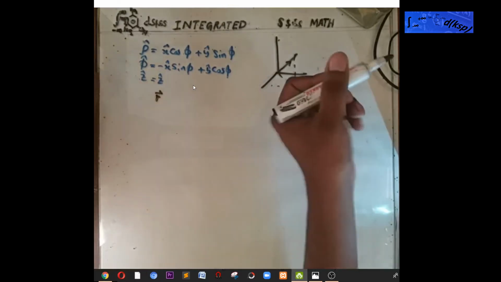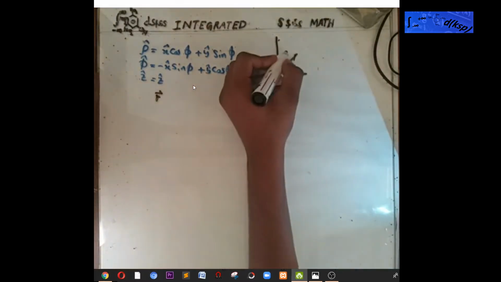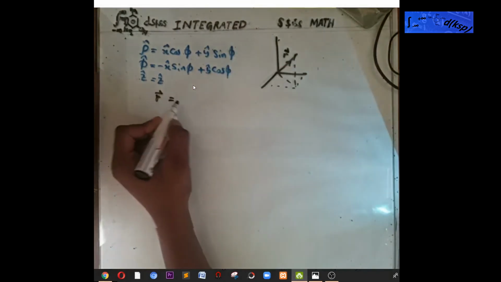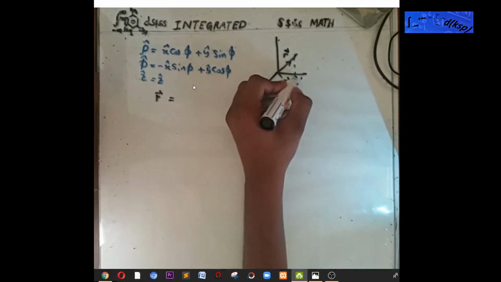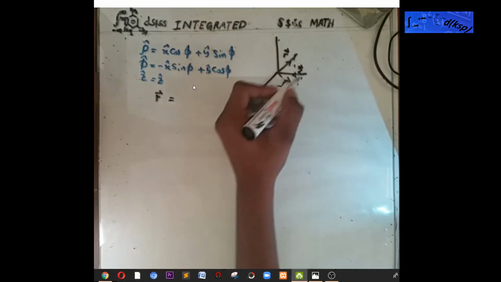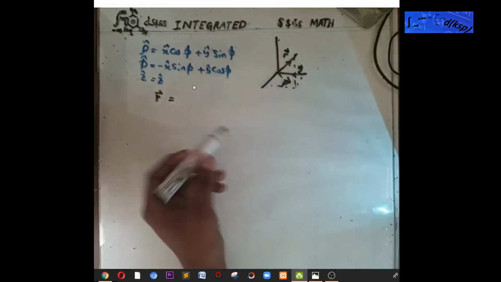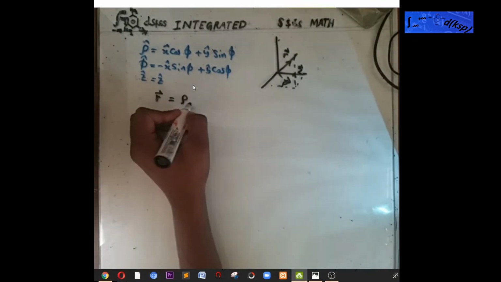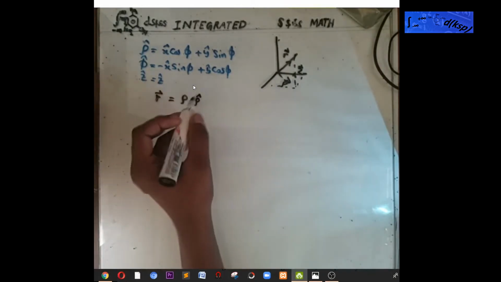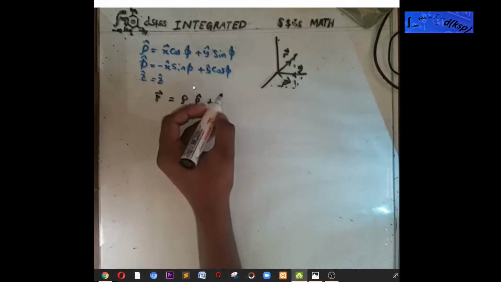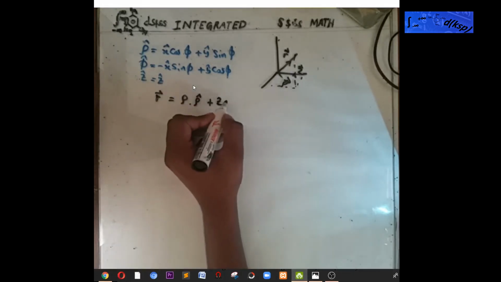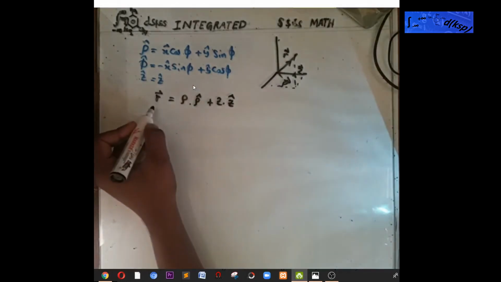The vector r can be written as the vector rho plus the vector z. That means the magnitude rho times the unit vector rho hat, plus z times z hat. What I need to do is find dr.